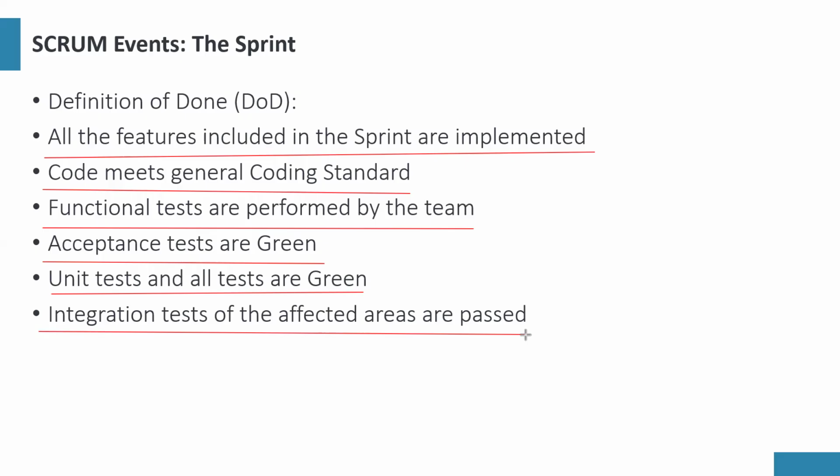So when you've built a feature and you've done everything in the definition of done, and it has passed all the tests, you now say that that feature is done. And nobody can argue with you because definition of done is under transparency. That's what we're saying.